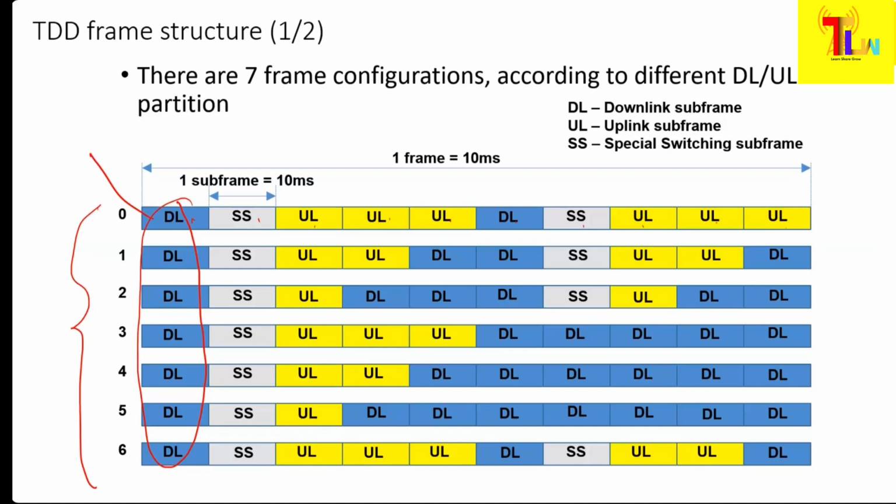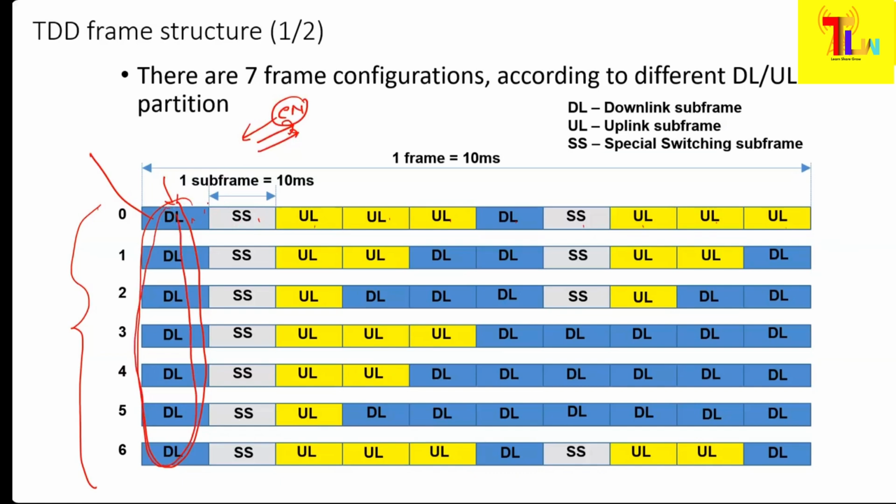For example, the UE wants to upload something, but the eNodeB will tell it, okay, I am giving you the grant to upload because I have some resources. So anyway, the UE has to receive something in the downlink first, then it will transmit something to the uplink. Even if it wants to do some upload, it needs something in the downlink. So the first subframe will always be downlink.